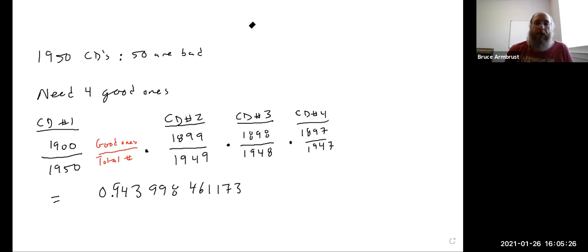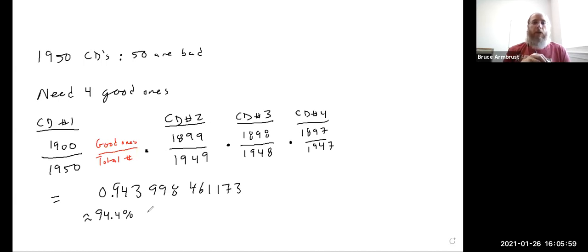But I'm going to round that to a relatively nice number, and I'm going to change it into a percentage. I'm just going to round it to 94.4 because 3998 is awfully close to 4. So if there are 50 bad CDs in this, and I randomly grab 4 of them, there's a 94.4% chance that all 4 of them are good.